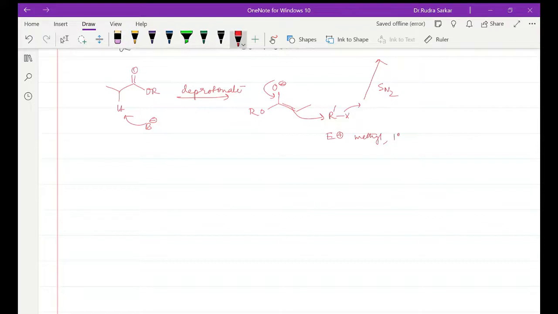Now in the next step we will be discussing the retrosynthesis of esters which are alkylated at the alpha position.